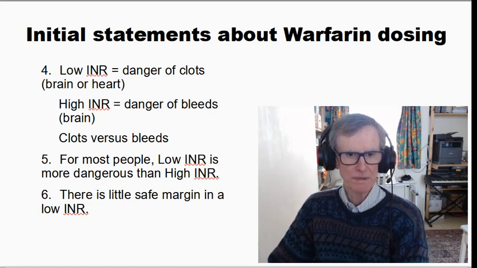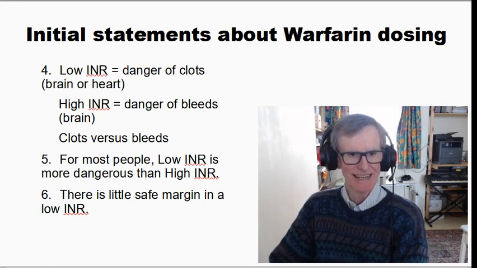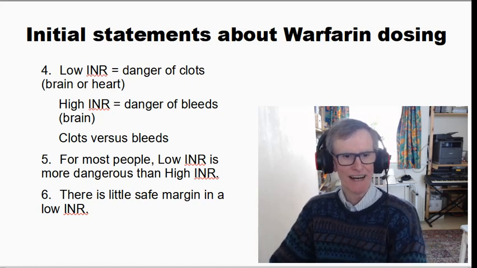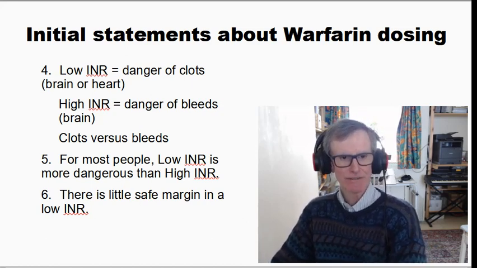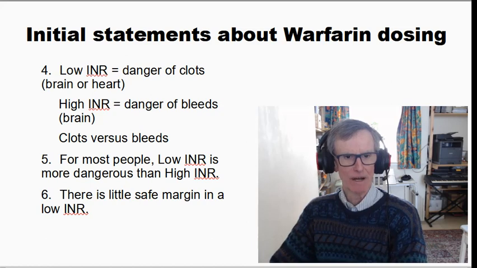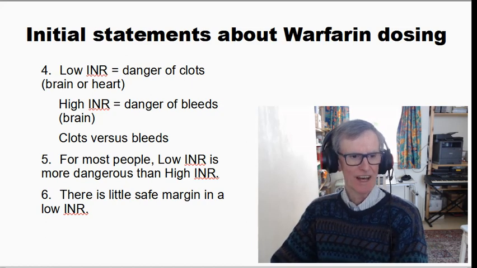Now, for most people, a low INR is more dangerous than a high INR. And the other thing to note about the INR scale is there's very little safety margin in a low INR, whereas there's much more margin at the higher end.